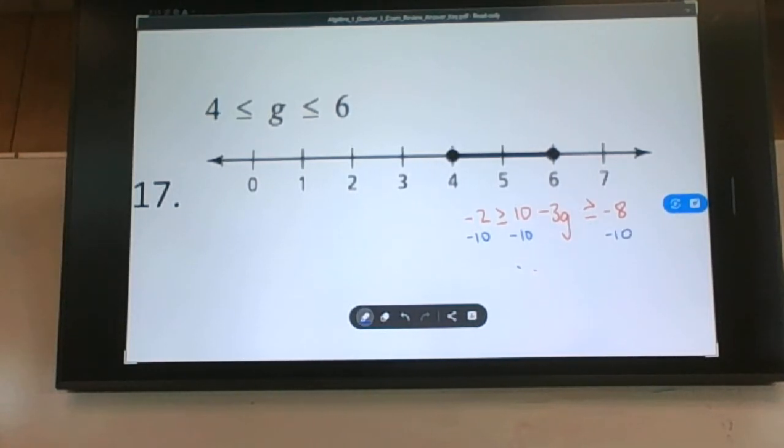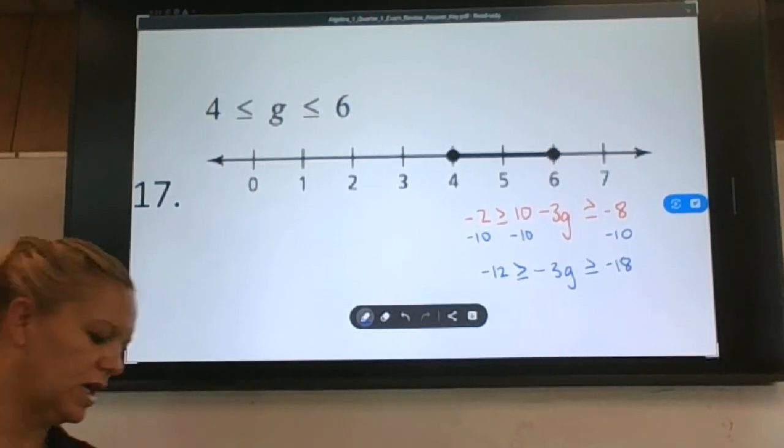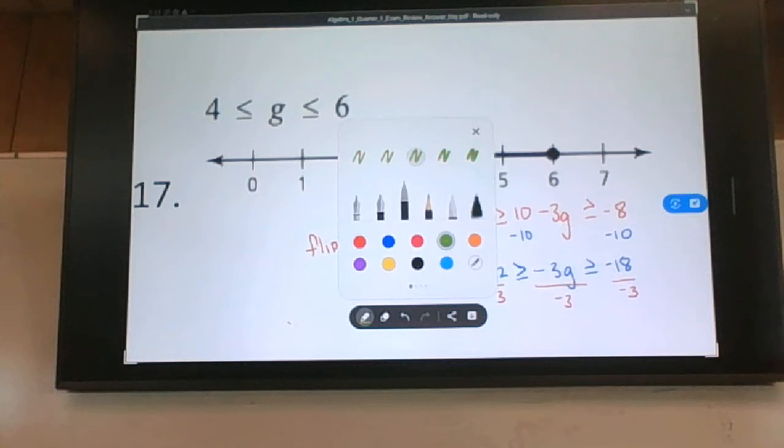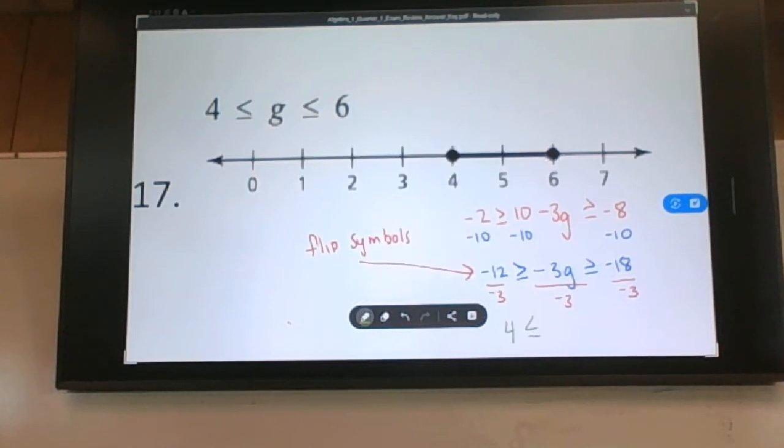I'll show you right here. So I subtracted 10, and now I'm going to divide by negative 3. When I divide by a negative, I'm going to flip both symbols. So now it's a positive 4. I'm flipping the symbol since I divided by a negative. Yeah, that's it. Or if you multiply by a negative. Okay, that makes more sense.